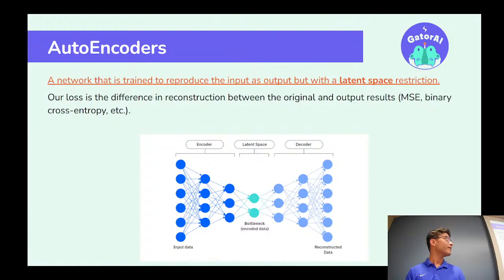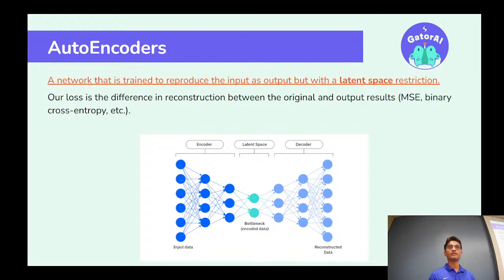What I mean by a latent space restriction is that the network has a bottleneck, where there's only a couple of neurons, or a relatively low amount of neurons compared to the other layers. If we look at this little graphic over here, we have 6 neurons at the start and 6 neurons at the end, and we see a bottleneck effect where the number of neurons starts to decrease towards the middle, and that's our latent space.